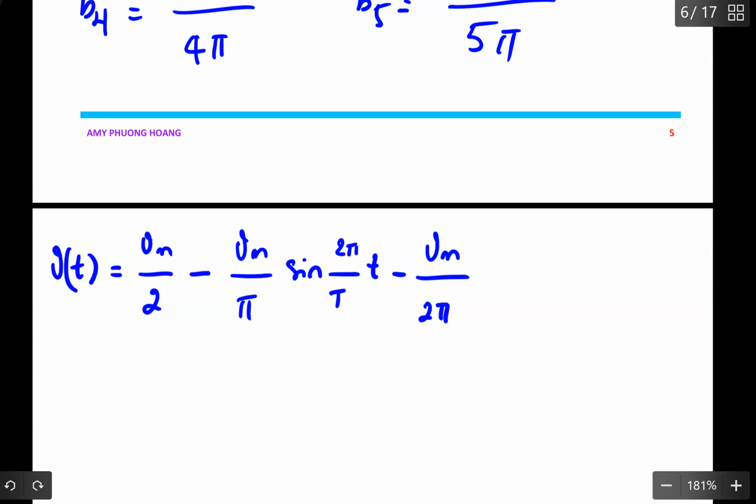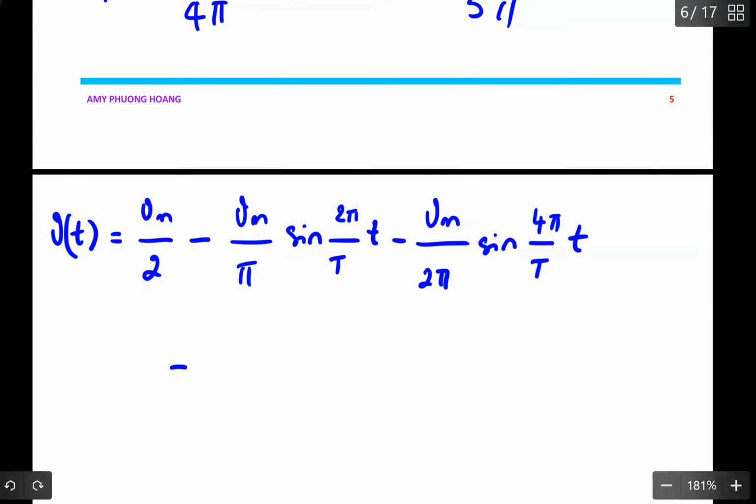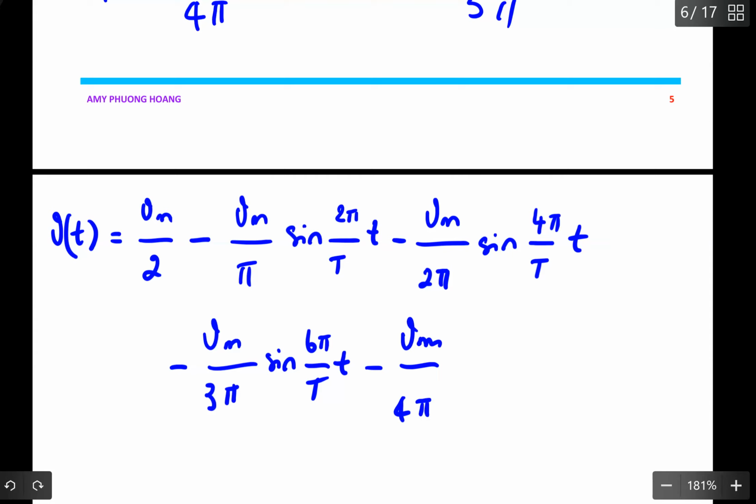This one will be my B2, so I have 2 pi sine of 4 pi over T times t, and I subtract that with V max over 3 pi and sine of 6 pi over T times t, subtract that V max over 4 pi sine of, this time I will have 8 pi t over T.